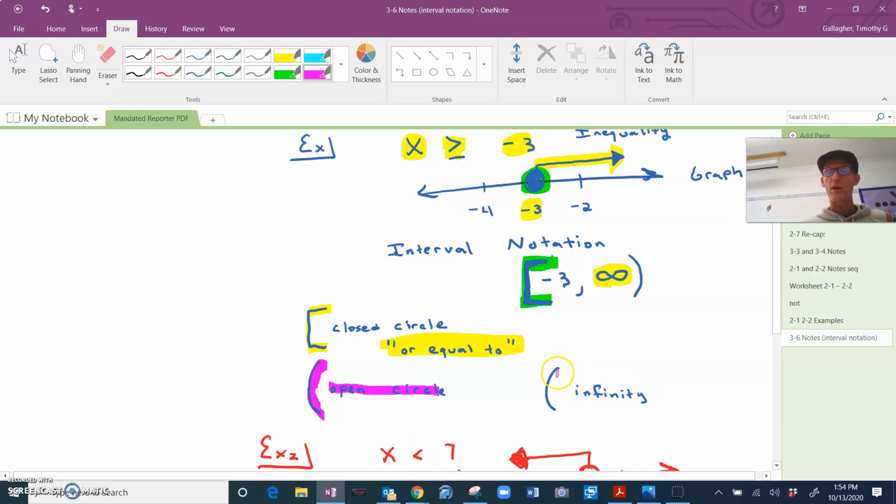And we need a parentheses, not a bracket, for infinity. And sometimes infinity can be negative infinity or positive infinity. Positive infinity would go this way, and negative infinity would go this way, to the left.